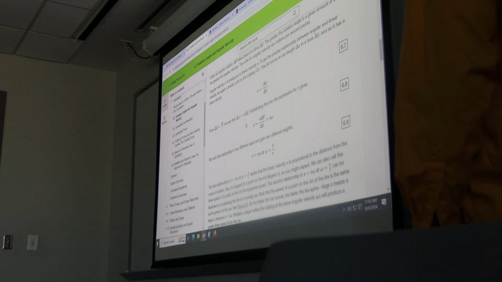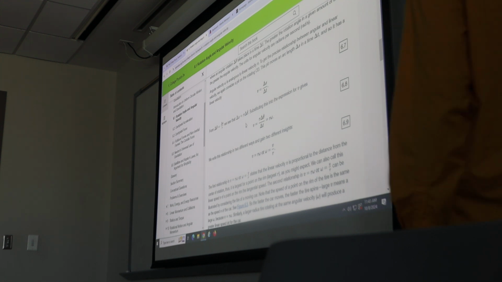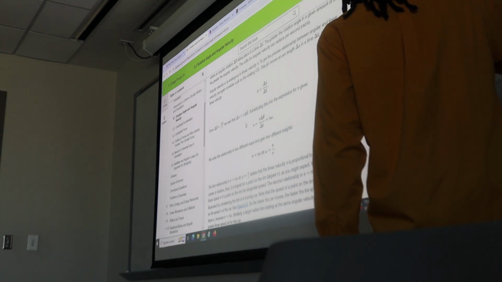Velocity is meters per second. So then this is our linear velocity.